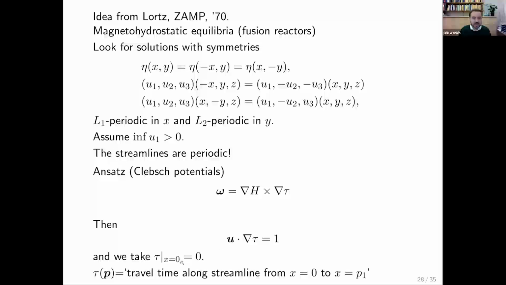And we take tau to be 0 at x equals 0. And with that normalization, it has an interpretation as the time it takes to travel from the plane where x is equal to 0 to a point P in the fluid, following a streamline.